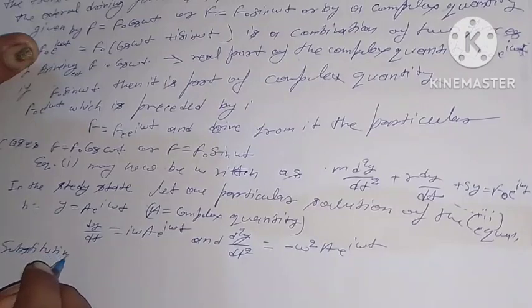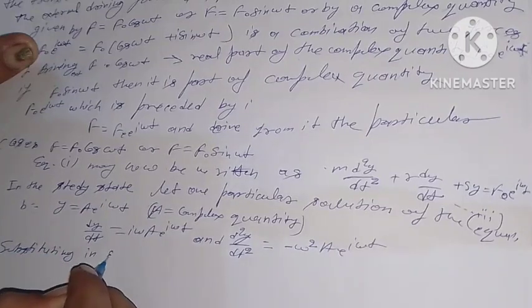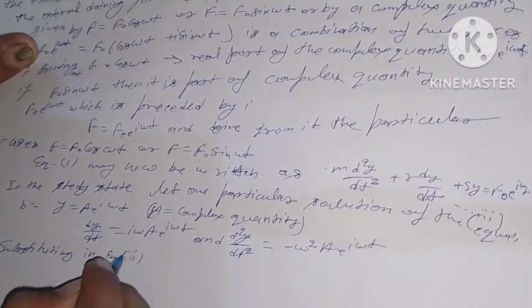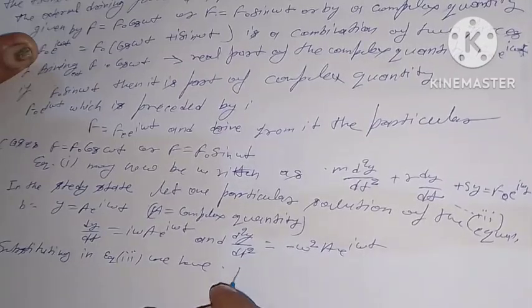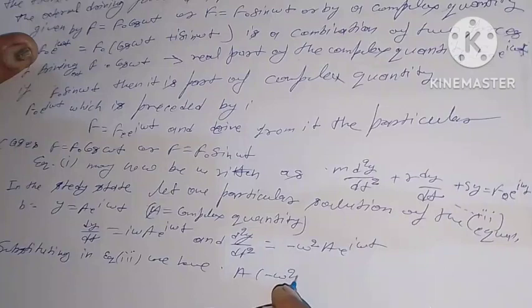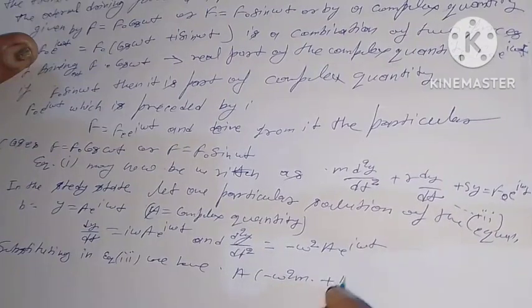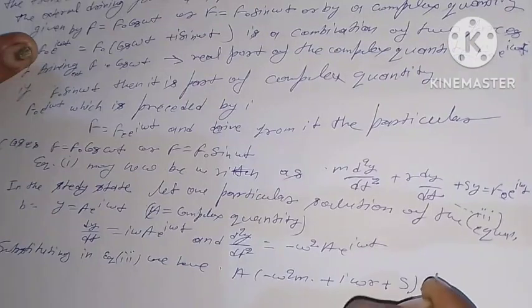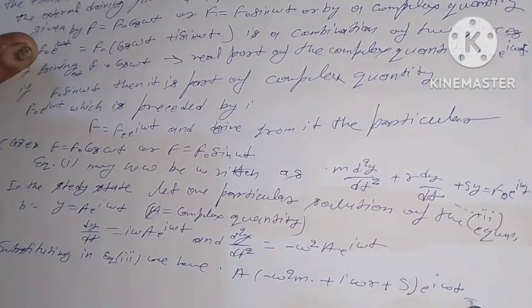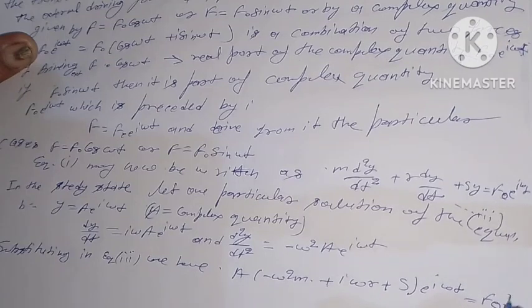Substituting in equation number 3, we have a times minus omega square m plus i omega r plus s, times e to the power i omega t, equal to F naught e to the power i omega t.